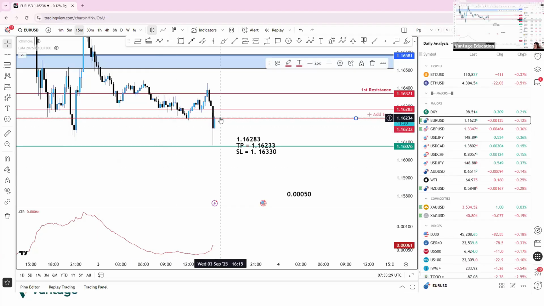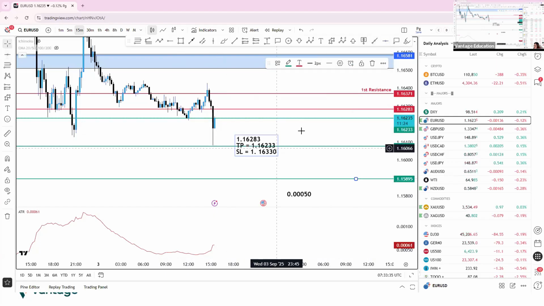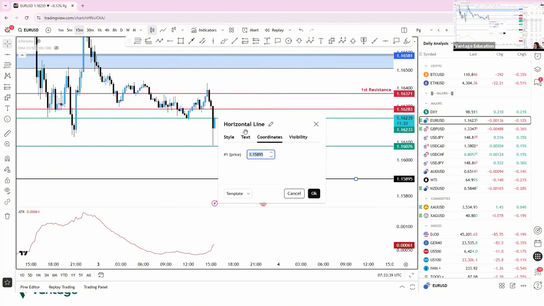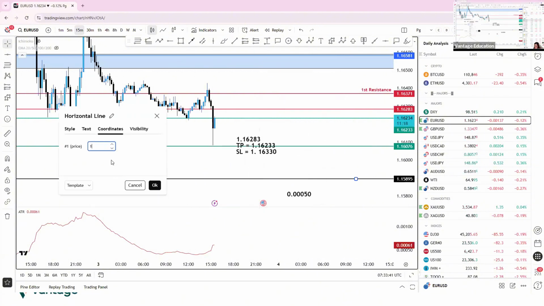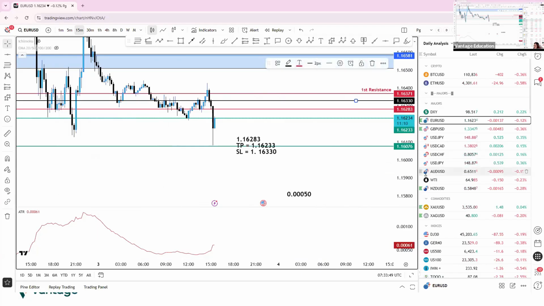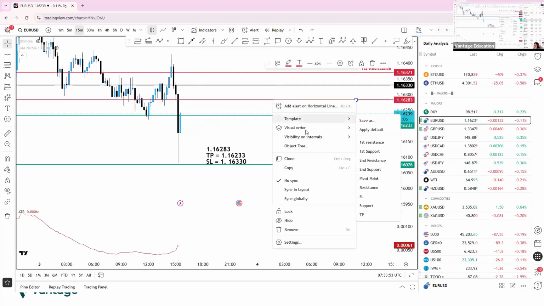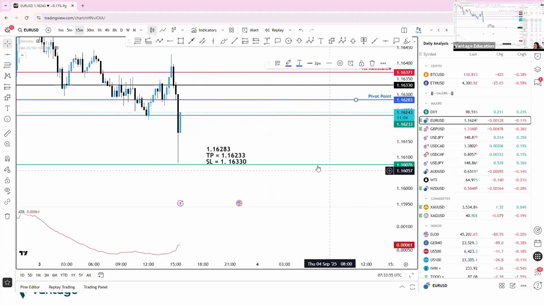The take profit goes here, the upper green, and the stop loss I'm going to make black. The stop loss will be 1.1630, here, right? Meaning you have a pending order here. You wait.